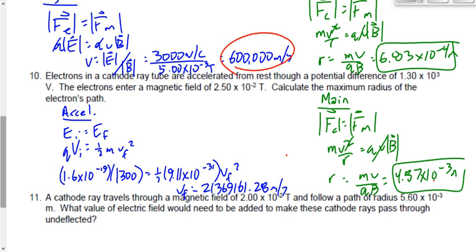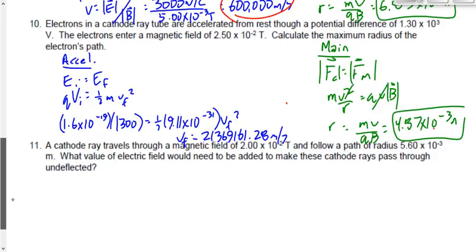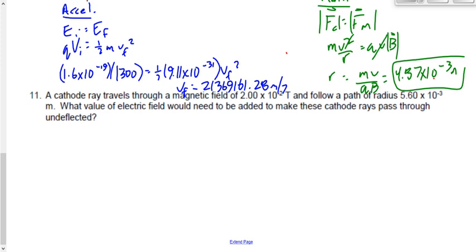All right, lastly, question number 11 says a cathode ray travels through a magnetic field and follows a path of radius 5.6 times 10 to the minus 3. What's the value of the electric field that would need to be added to make these cathode rays pass through undeflected? What do we have first? If it goes through just a magnetic field, that would be a main chamber, right?